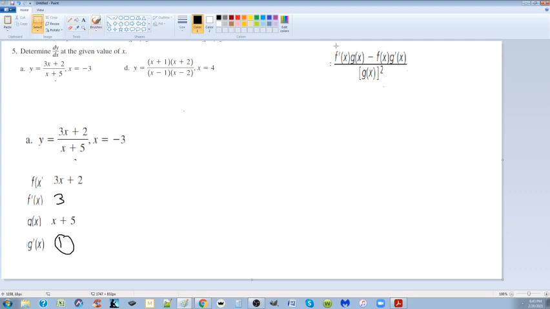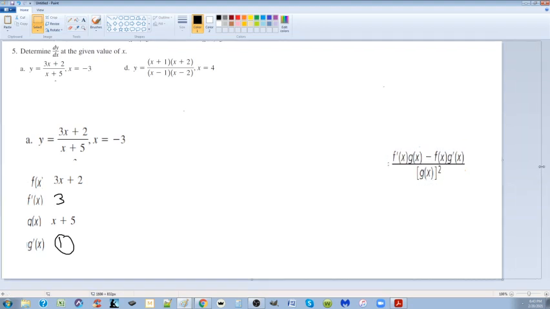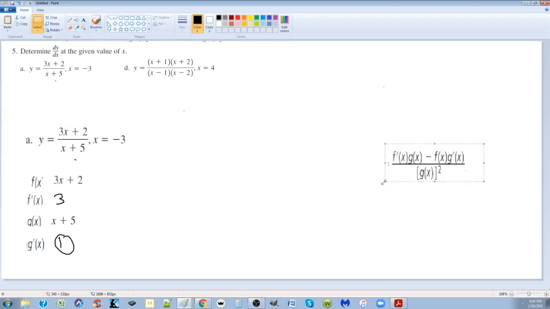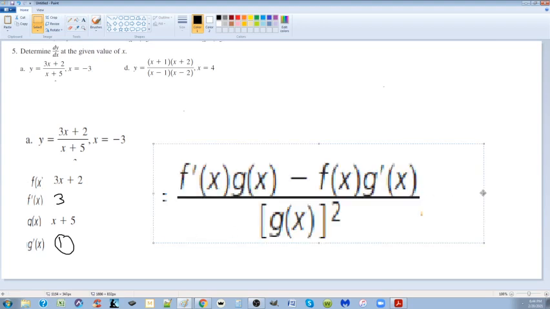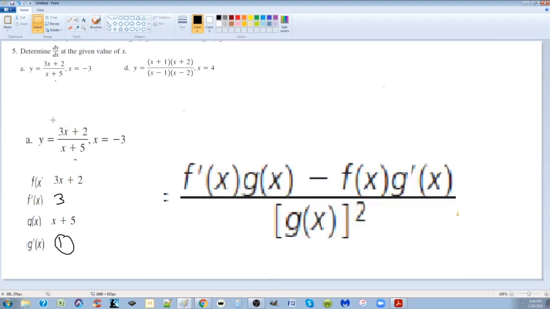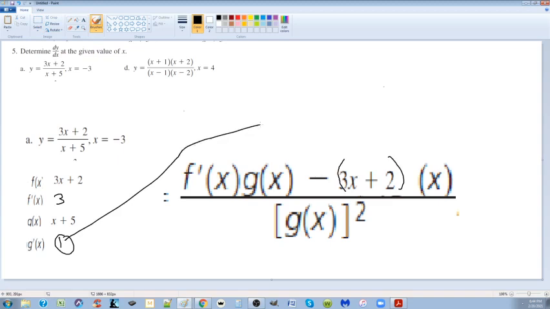And then you're going to take a nice big copy of your quotient formula, like that. And you're going to make it nice and big. And wherever you see the terms, you're going to replace it. But this time we're not going to simplify. So where do I see f of x? Right there. And by the way, look what I did and didn't do, brackets. And then g prime of x, which was there, is just 1.